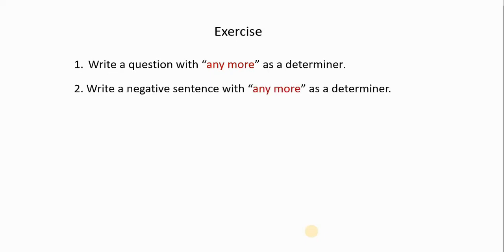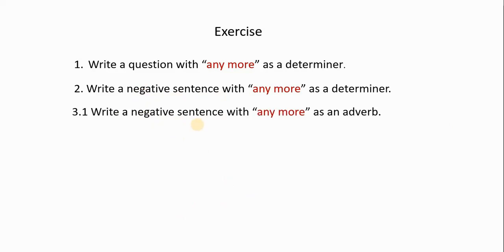So finally, an exercise. I hope you understand everything. So question number 1. Write a question with anymore as a determiner. Number 2. Write the negative sentence with anymore as a determiner. This one, I want you to write a negative sentence here.